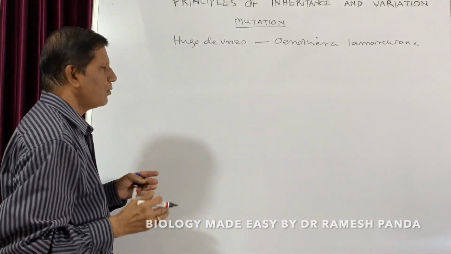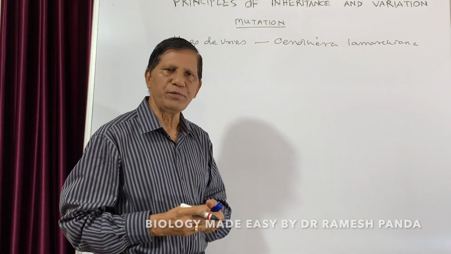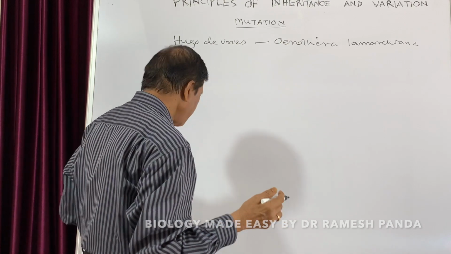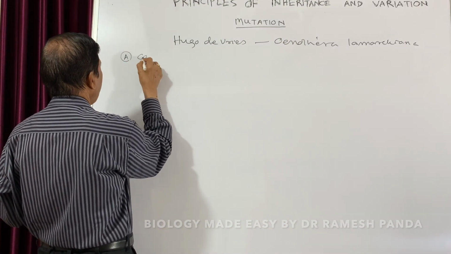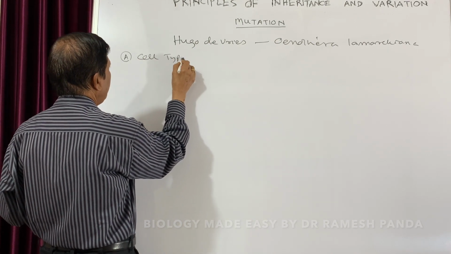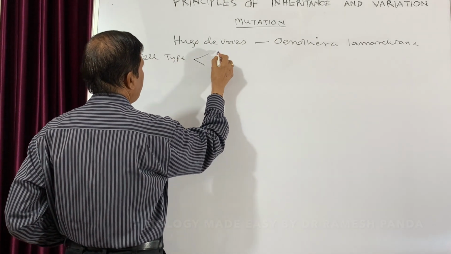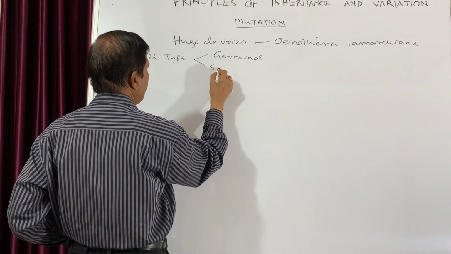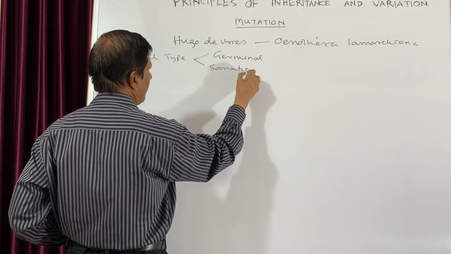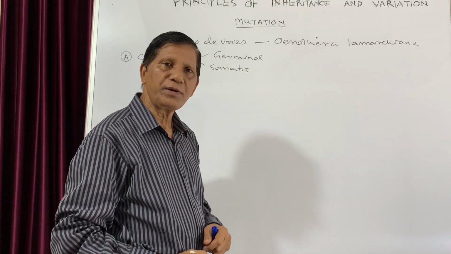Now, what are the different types of mutations? Basing upon the cell type, we can tell that it may be germinal or it may be somatic. When will we call it germinal?